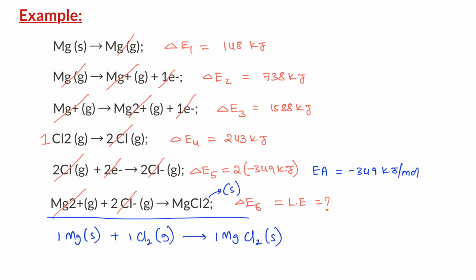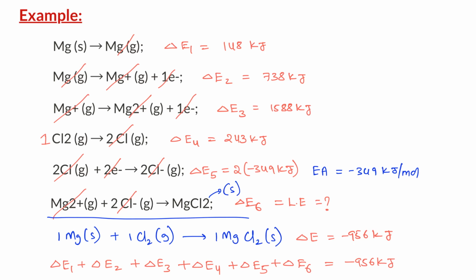This is the formation reaction of magnesium chloride, and the energy change associated with this reaction, that is the formation energy, is given. We know that if we add up the energy changes of the individual reactions, we get the energy change associated with the final reaction.